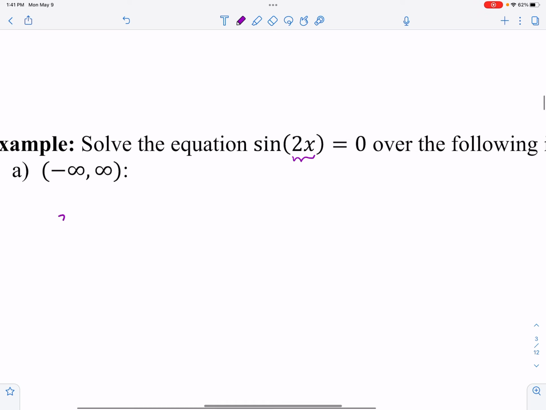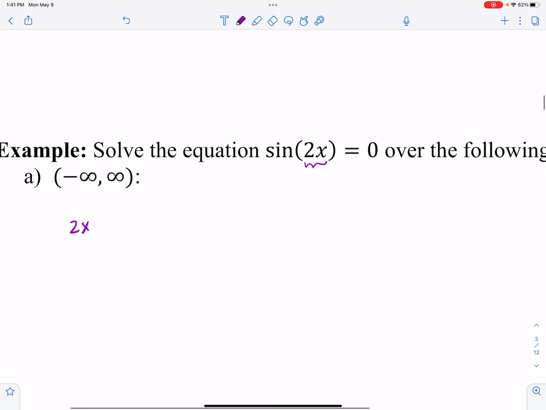So we're going to have 2x equals, or 2x equals. And then we think, okay, well, sine would be equal to 0 whenever we take sine of 0, we get 0, right? So when 2x is equal to 0, but also whenever 2x would be equal to pi.